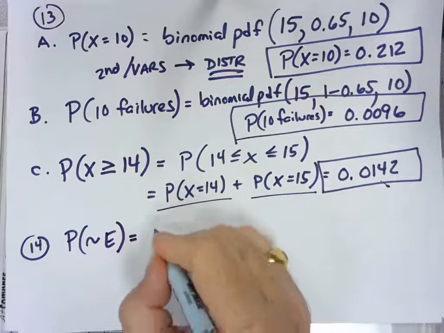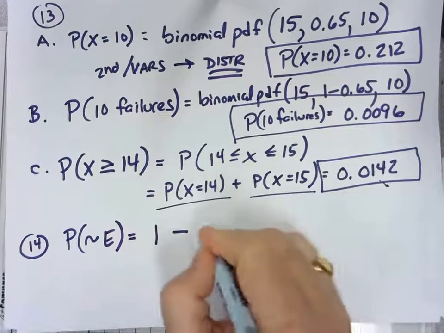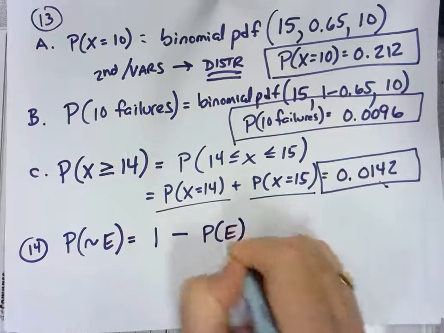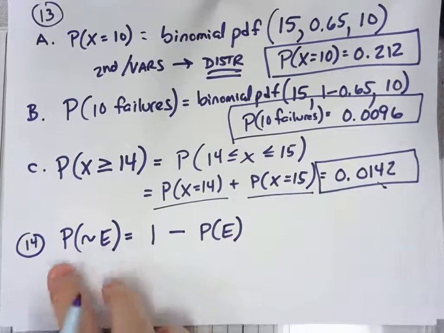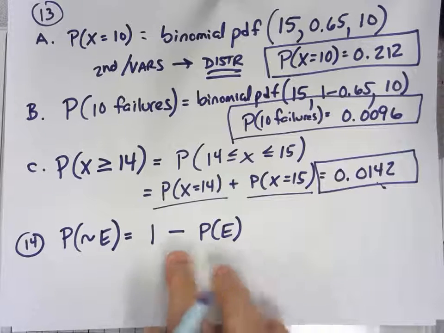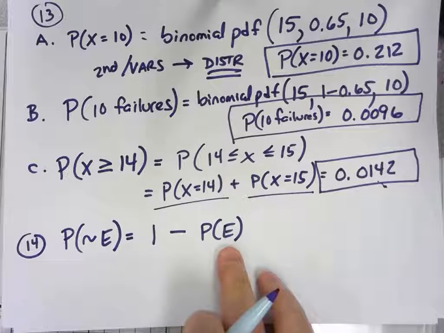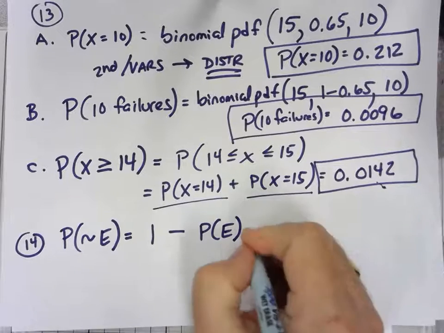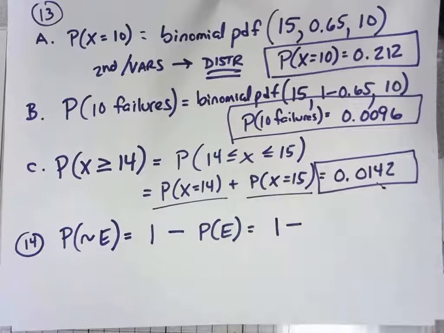We said that's 1 minus the probability of E. So the probability of the event not occurring is the same thing as 1 minus the probability that the event does occur. And that's just 1 minus what?